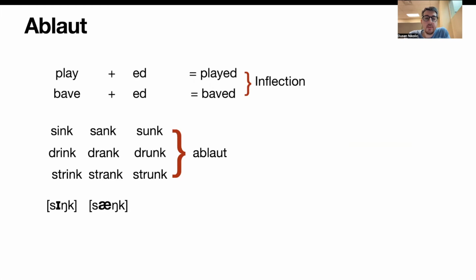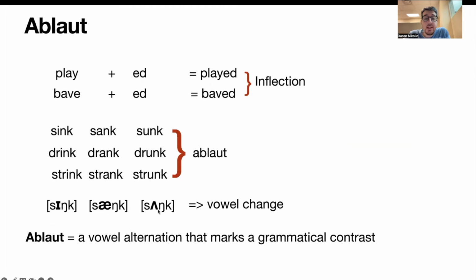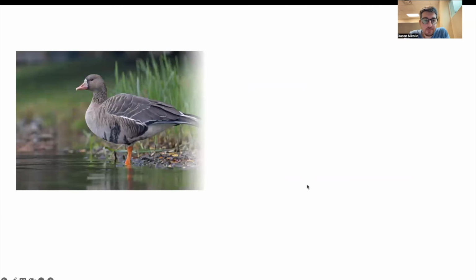You should know that when there is a vowel change, like sing, sang, sung, this is what we call an ablaut, and it usually marks a grammatical contrast: present, past tense, and past participle. Basically, this is the only time we will have an ablaut in English.